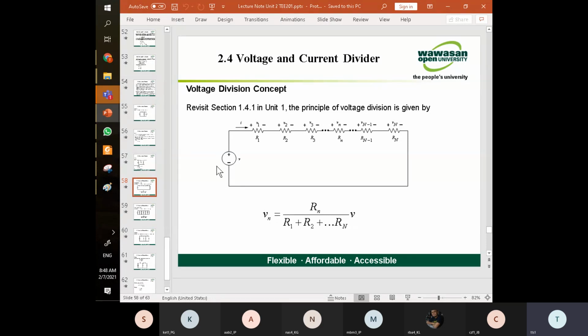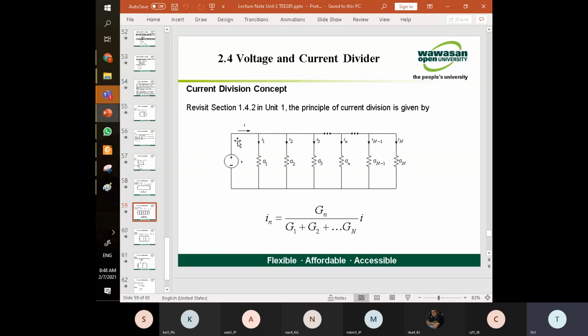When you come to the current, you need to use a parallel circuit to divide the currents. So this is the thing you should keep in mind: how to divide the current, how to divide the voltage, how to get the partial from the main voltage here.